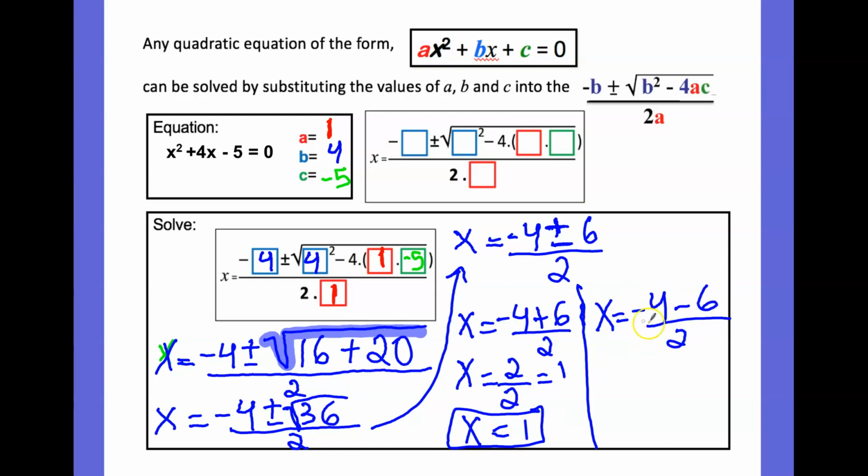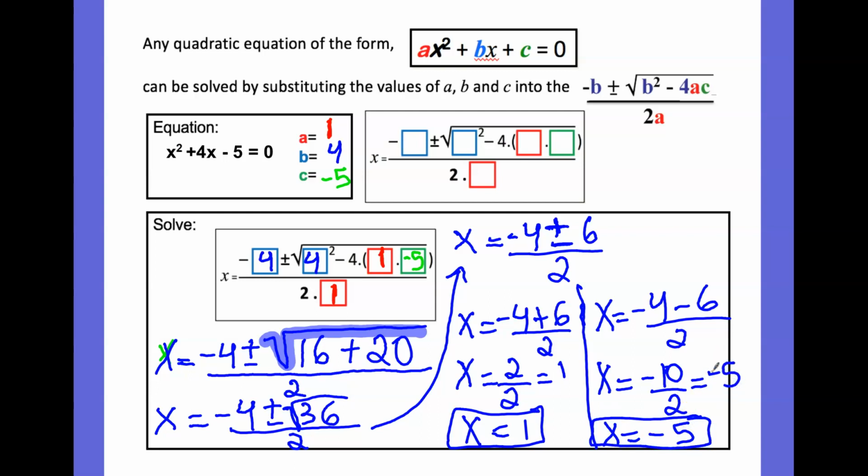On this one, we have negative 4 minus 6. That is negative 10. So negative 10 divided by 2, x will equal negative 5. So that is your second answer.